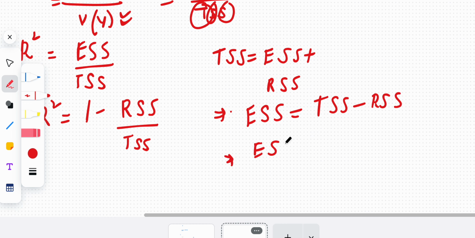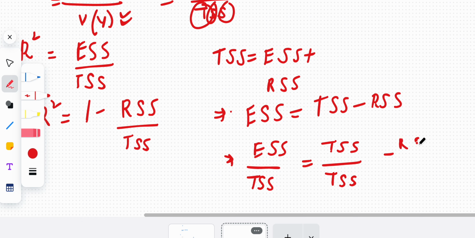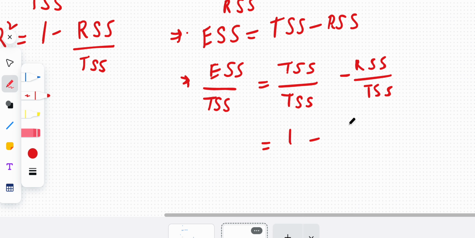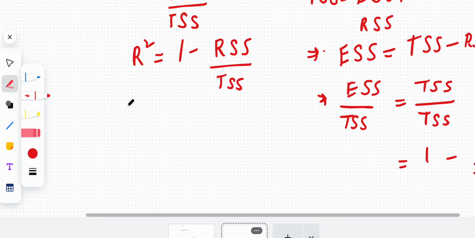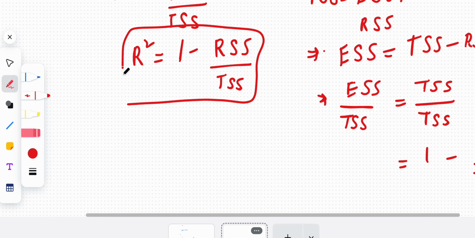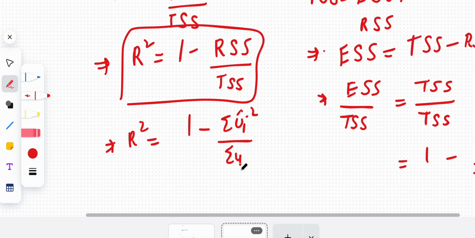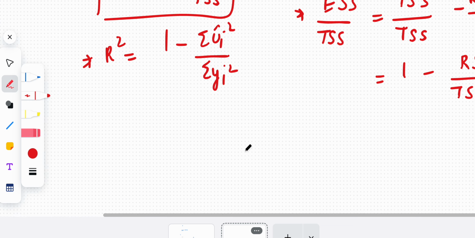Dividing this by TSS would give me TSS by TSS minus RSS by TSS, which ultimately means 1 minus RSS by TSS, which is why I can also write this as 1 minus summation ui cap square over summation y square.